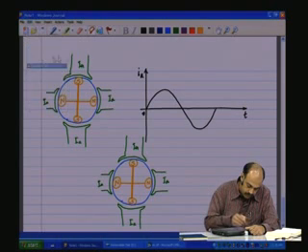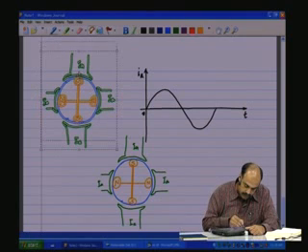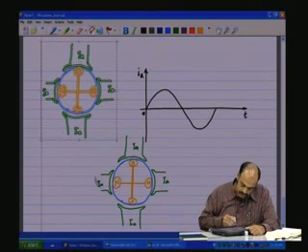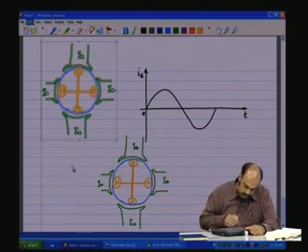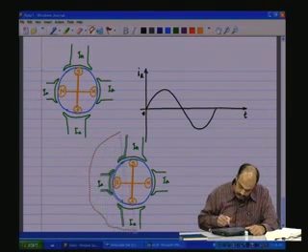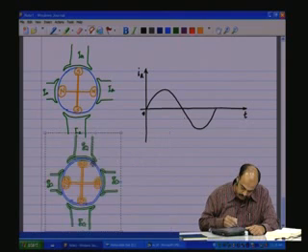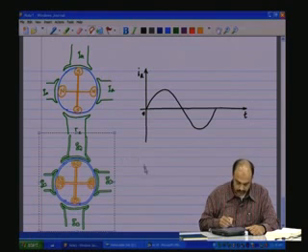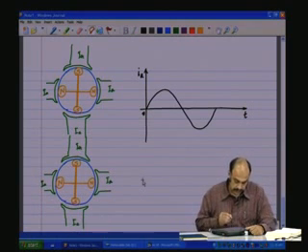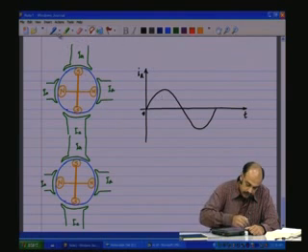Let me shift this above, make some space so that you will be able to include this here. So now let us see what happens at these two critical points.